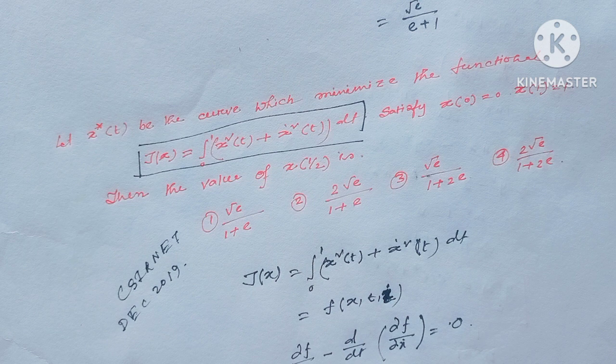functional J(x) equal to the integration from 0 to 1 of x squared(t) plus x dot whole squared(t) dt, satisfying the initial conditions x(0) equal to 0 and x(1) equal to 1. Then the value at the point half, x(half), is, which of the following is true?